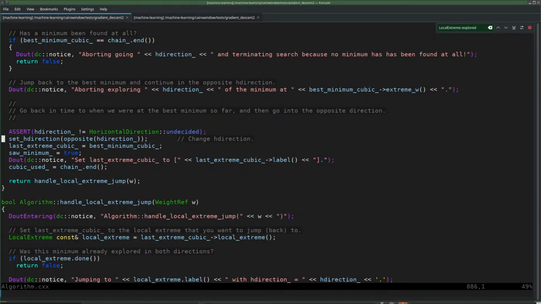H direction is set to the opposite. Then we go to the base cubic, and then we handle this local stream jump. But no, because it is already handled in that direction.